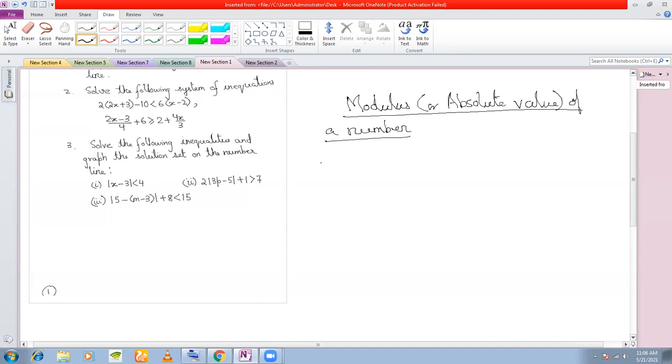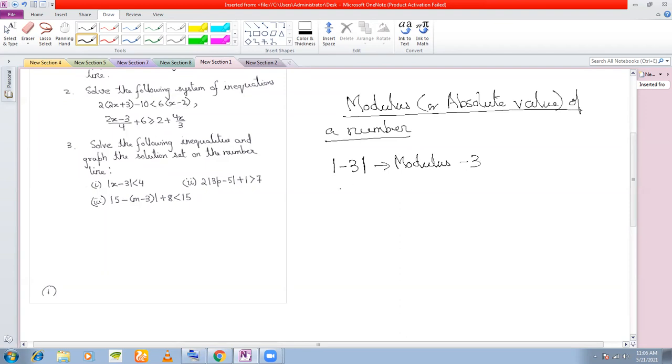Modulus of a number means, suppose I have a negative number, say minus 3, and I take the mod of this. The mod is represented by two vertical lines on either side of the number. So this is called modulus of minus 3, or simply mod minus 3.